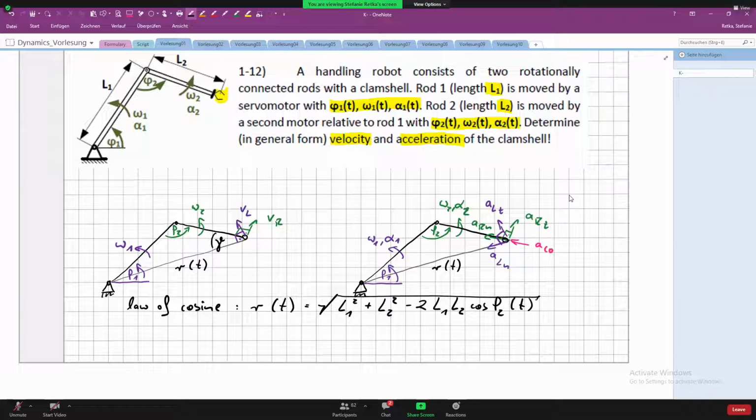And now use your index finger and rotate your hand until your index finger points in direction of the relative velocity. And now if you have that, use your middle finger. All three fingers are perpendicular to each other. The middle finger indicates the direction of Coriolis acceleration.